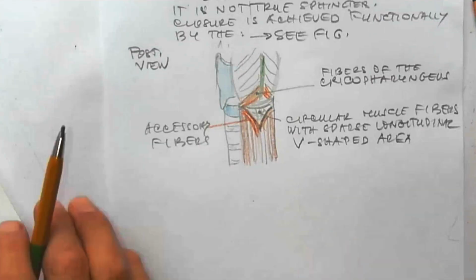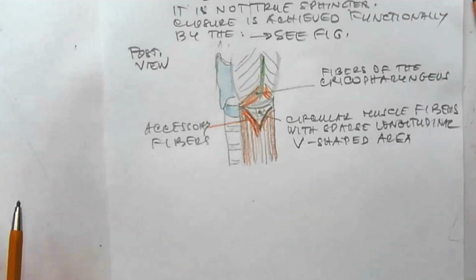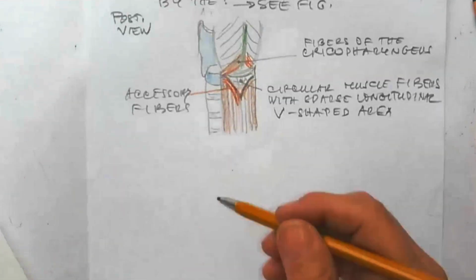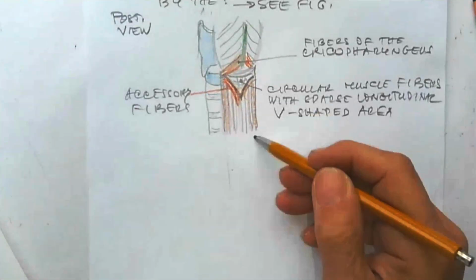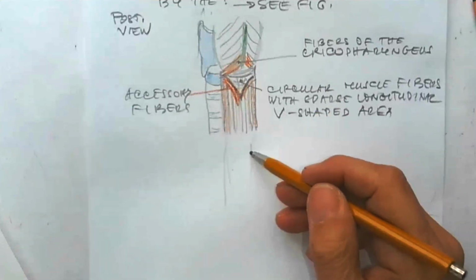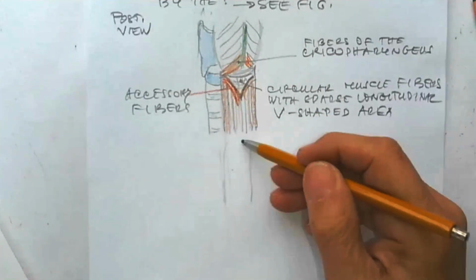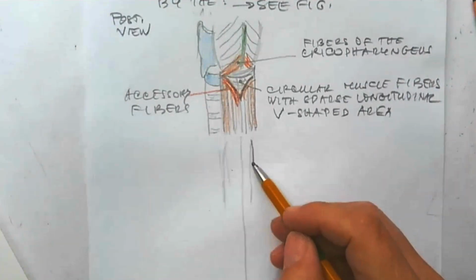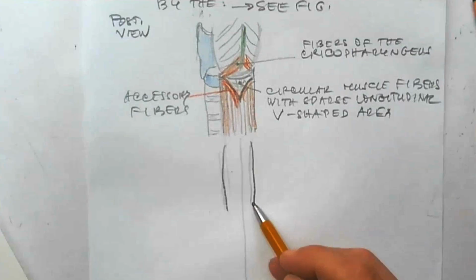Good. And then there is one very specific situation. We are looking into the esophagus descending. Look, I'm drawing the vertical axis of the descending esophagus. So here is the esophagus.